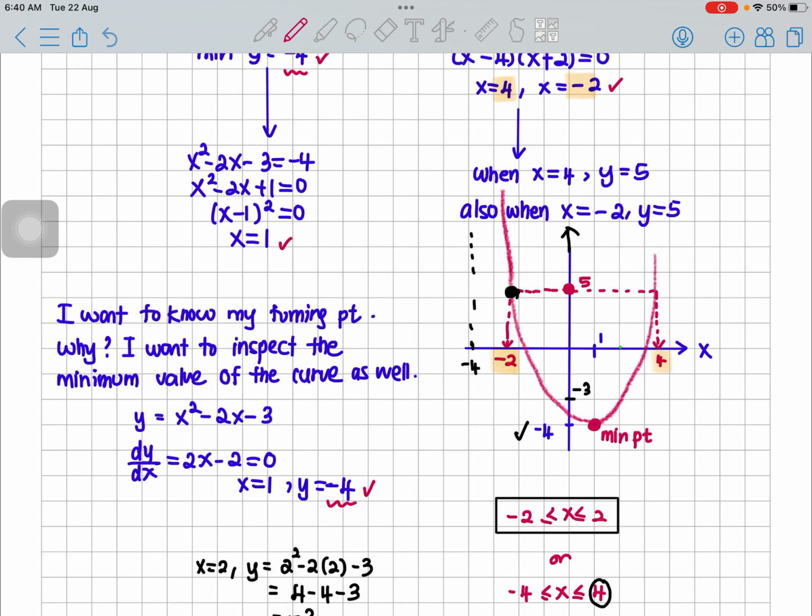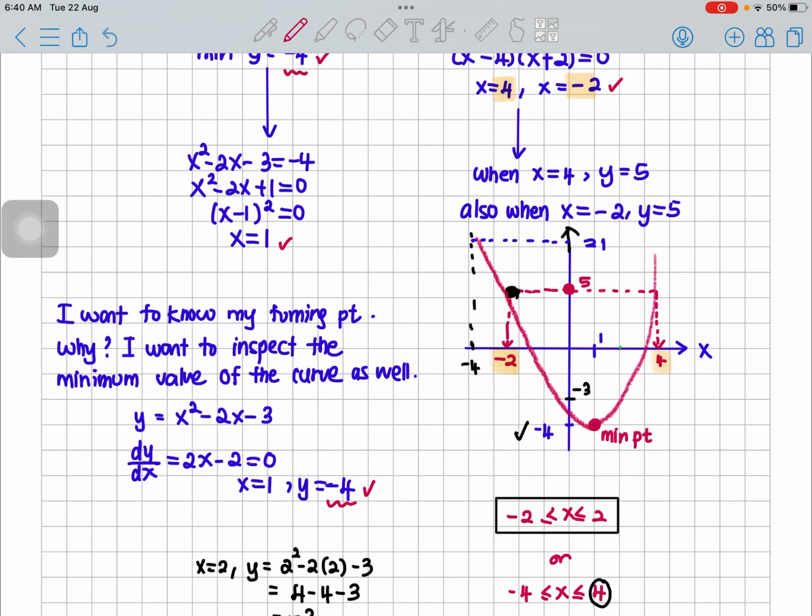Okay, let's extend. And let's say this is the 21. I think I need to adjust my graph a little so that it makes sense.